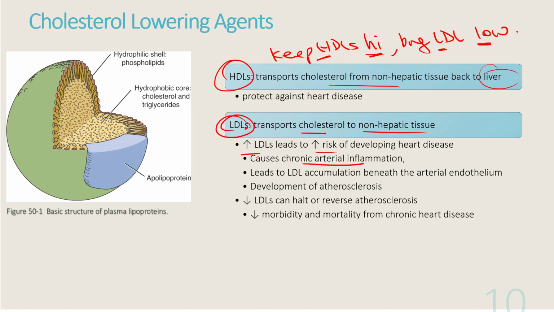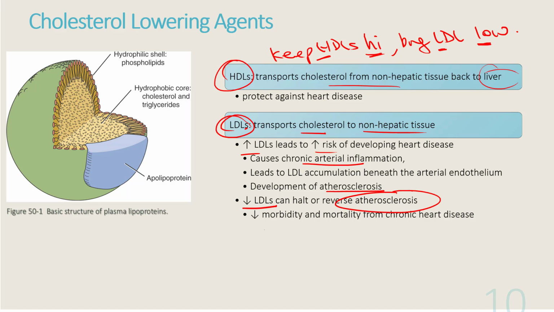Because chronic inflammation increases the risk of atherosclerosis, and with atherosclerosis you've got all these cardiovascular conditions that are associated with it. And so if you decrease LDL levels, you can halt or reverse atherosclerosis, and then you decrease the morbidity and mortality from chronic heart diseases.